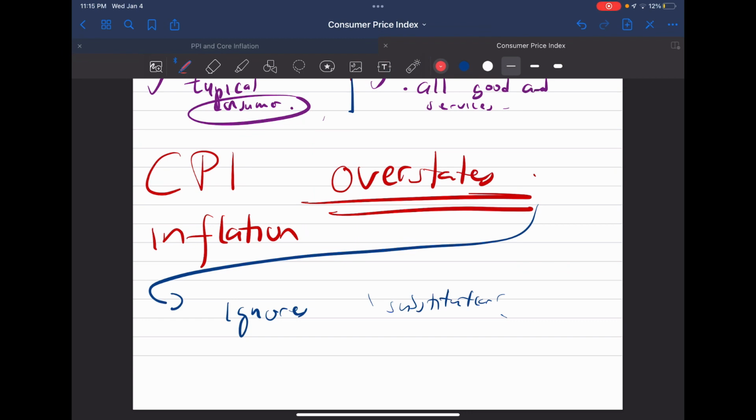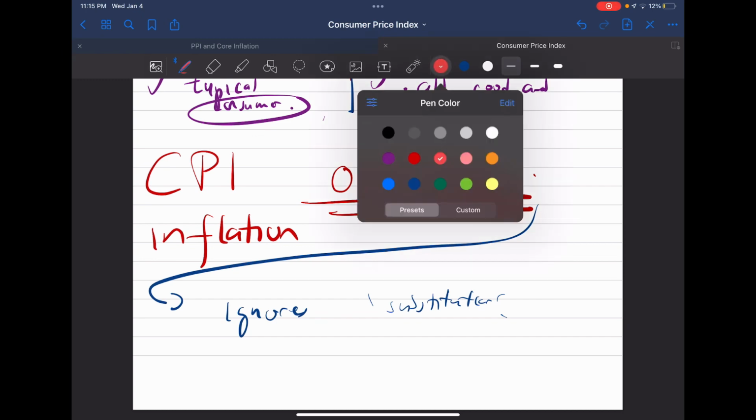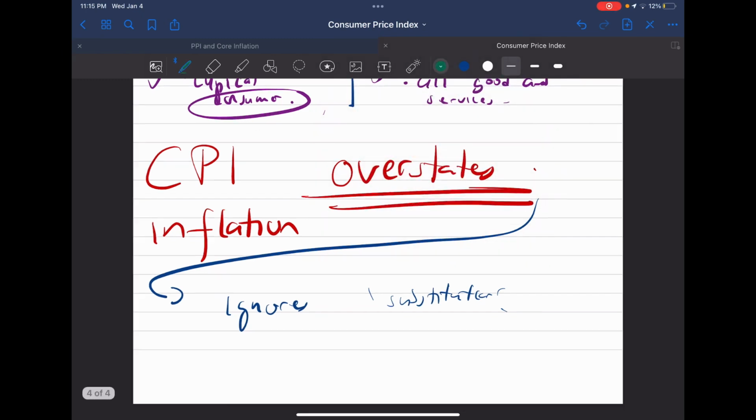The CPI would just record that. But in reality, if prices increase for that good, then probably consumers will substitute. They will purchase something else because that price has gone up. And if you think about it further, that is substitution already, right?